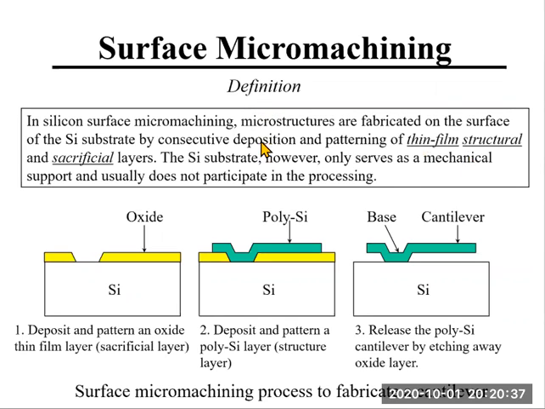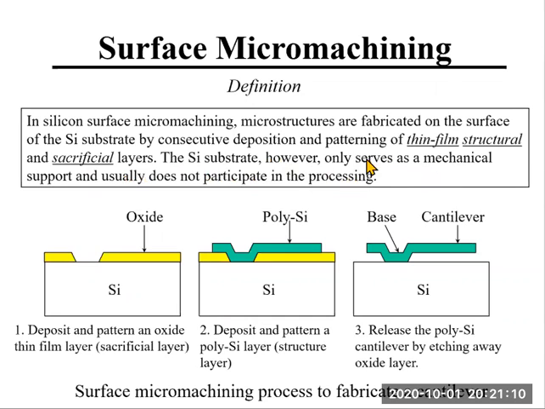First definition: in silicon surface micromachining, microstructures are fabricated on the surface of the silicon substrate by consecutive deposition and patterning of thin film structural and sacrificial layers.